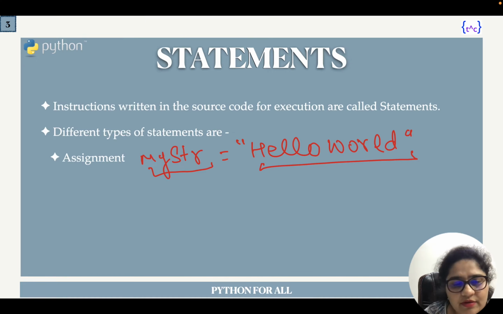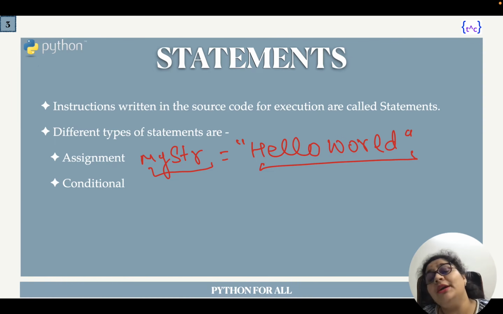The second type of statement is the conditional statement. As the name itself says, it is for conditions. If I want to put some kind of condition in my code, I will use a conditional statement. For example, I want to put a condition in my code that if temperature reaches above 40, then take some action. For example, the action is to switch on the AC.